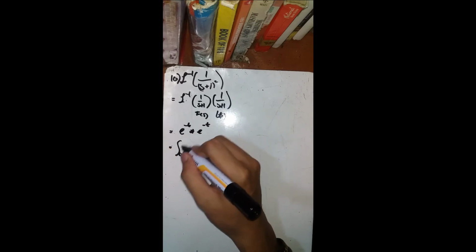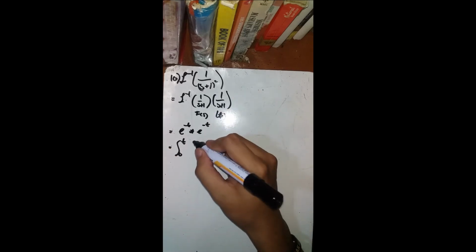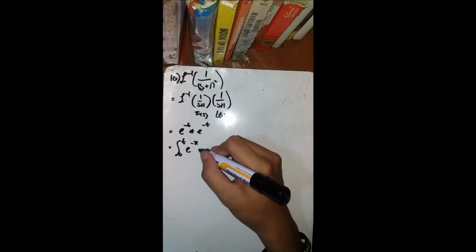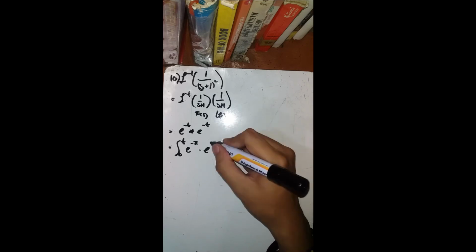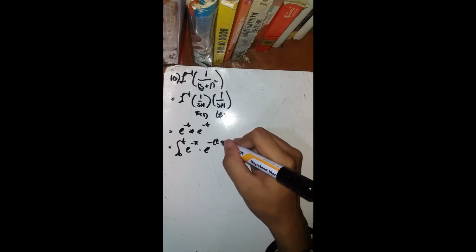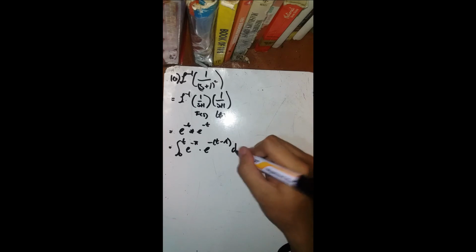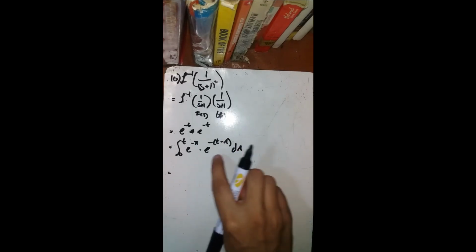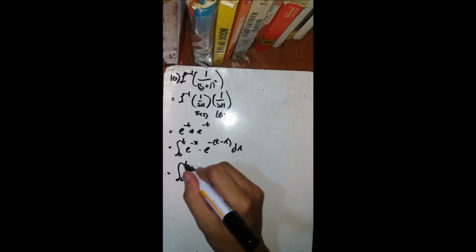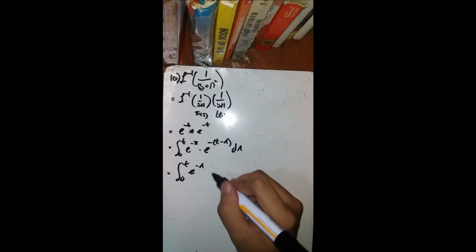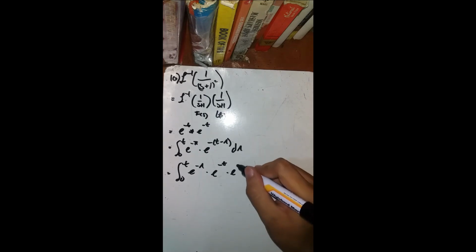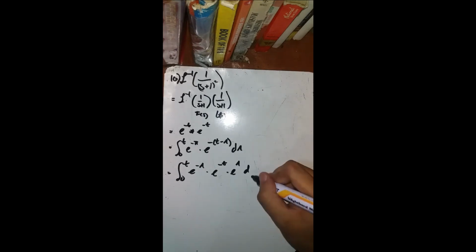Now let's integrate this from 0 to t: e raised to negative lambda times e raised to negative (t minus lambda) d lambda. Again, let's separate this. We have e raised to negative lambda times e raised to negative t times e raised to lambda d lambda.